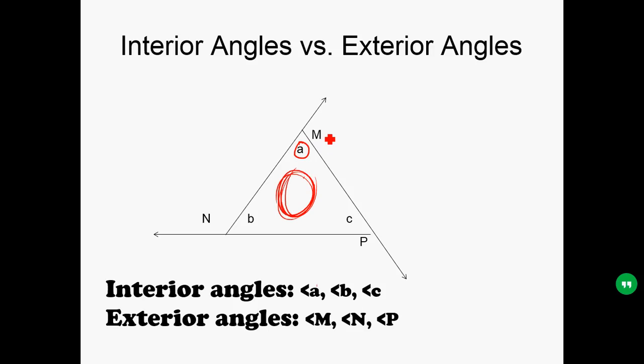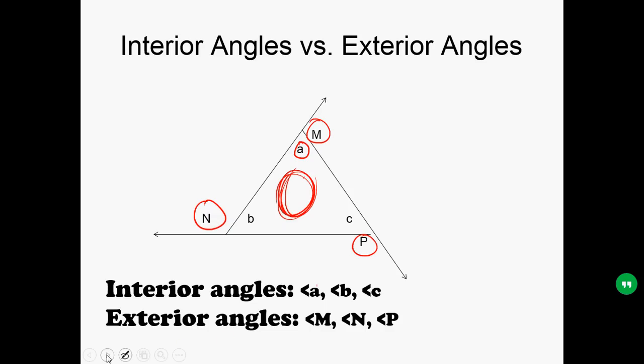A is on the interior, M is on the exterior. When I take those two angles, they add up to 180. They form this straight line. So your exterior angles are the ones that lie on the exterior of your triangle. M, P, and N, all three of those angles are exterior angles.